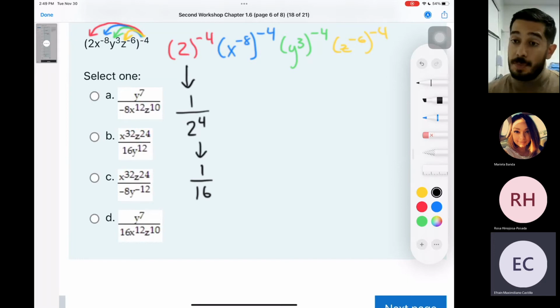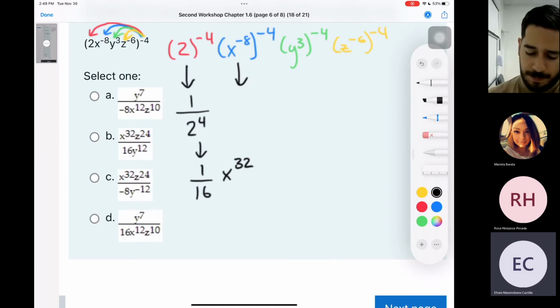Okay, that's 2 to the power of negative 4. Send it to the bottom. It becomes 2 to the power of 4 on the bottom. Okay, I'm going to do the power rule here. Multiply those two exponents, negative 8 times negative 4. And that's going to be x to the power of 32. I don't have any more negative exponents, so we should be good.